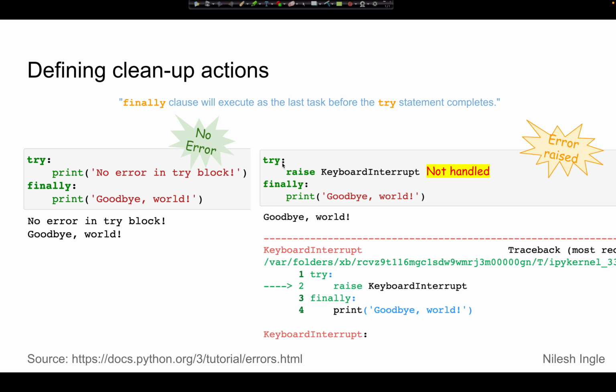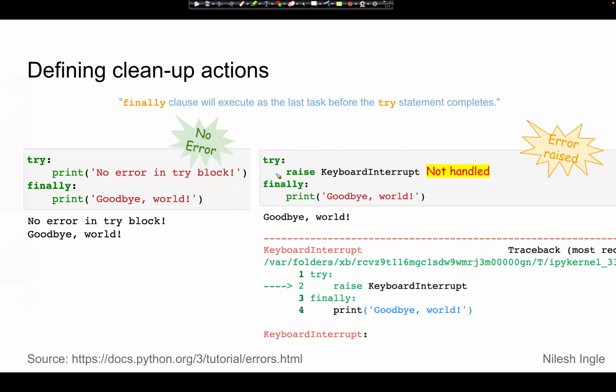However, if the try block raises an error, such as here on the right hand side where we are raising the keyboard interrupt error, and that error is not handled by an except block, then the control would go to the finally block, which will print the goodbye world, and after that the traceback for the error would be printed, which is the keyboard interrupt.